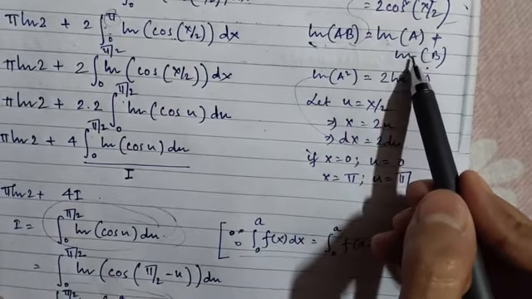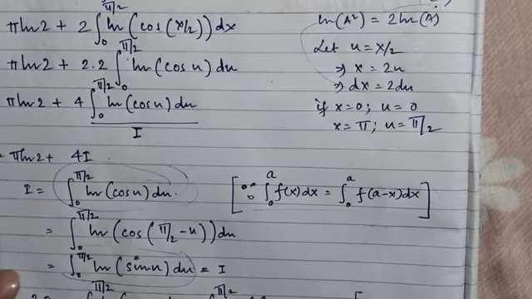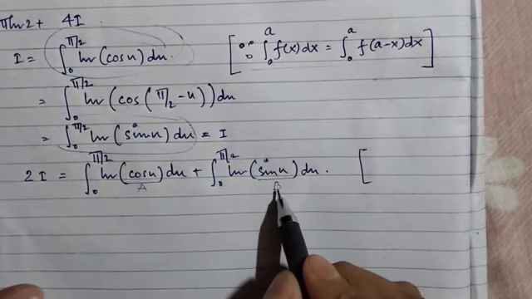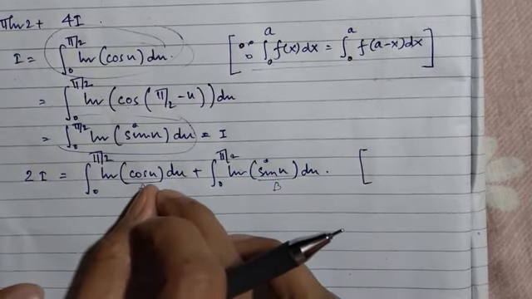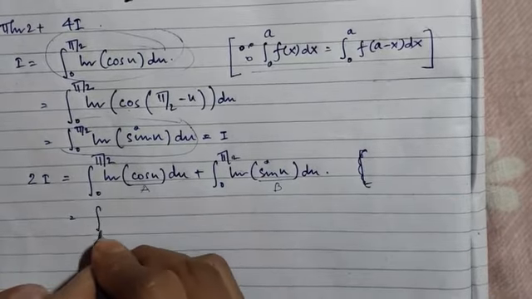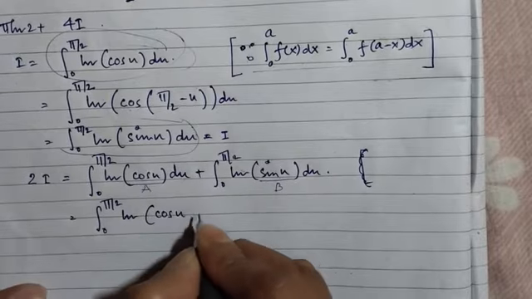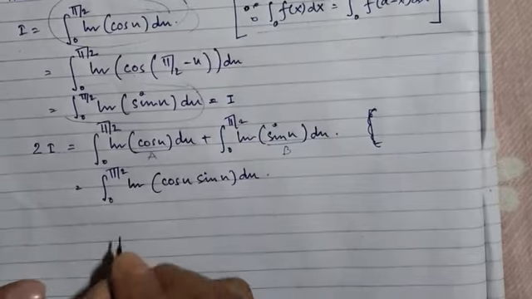Now do the reverse, because this term is present over here, ln of a and ln of b. So we can bring this together to form the multiplication term. Let's not write over here again. So 0 to pi by 2 ln cos u sin u du.